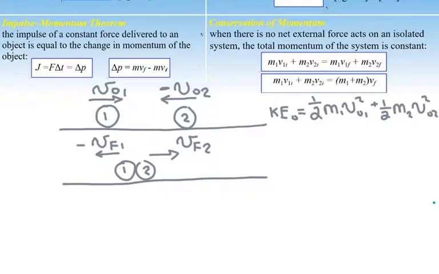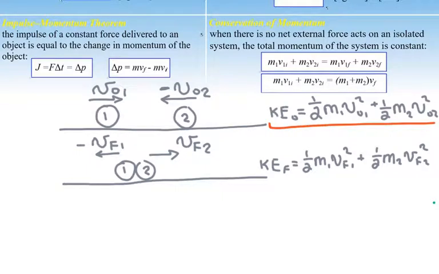It doesn't matter that v2 is negative, because it squares and gives you a positive. Then after the collision, the final kinetic energy is 1/2 m1 v final 1 squared plus 1/2 m2 v final 2 squared. Only if your initial kinetic energy is equal to the final kinetic energy after the collision is this collision called an elastic collision.